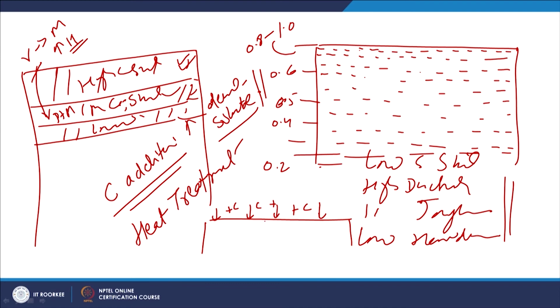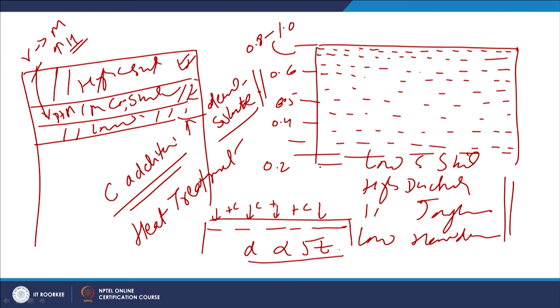Since diffusion is a time based phenomenon, it will take time for the carbon to diffuse into the component. So, the depth up to which carbon will be enriched will be a function of the time. The case depth or the carburizing depth d is found proportional to the square root of the time.